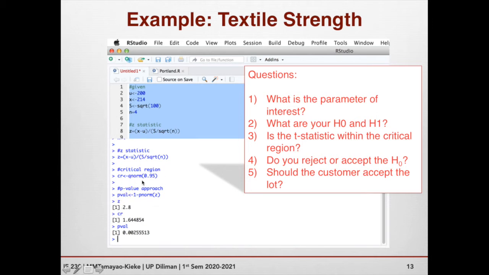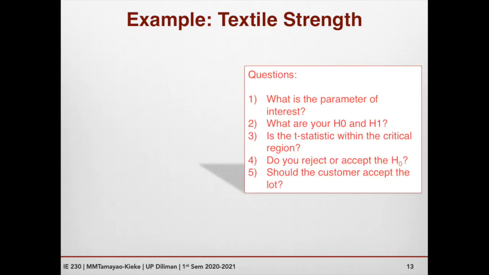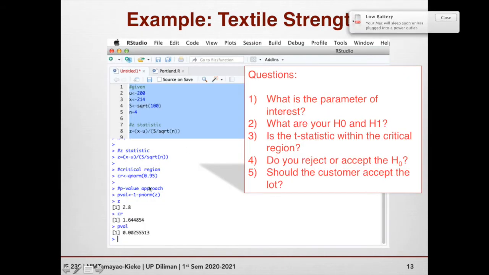Why did I use 0.95? Because if you recall, we want to have z naught greater than z of alpha. Oh, this should be alpha, guys. Z of alpha, negative z of alpha, right? So that's why I use 0.95 there.